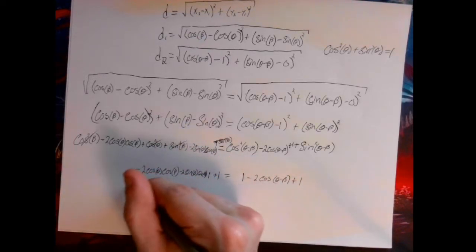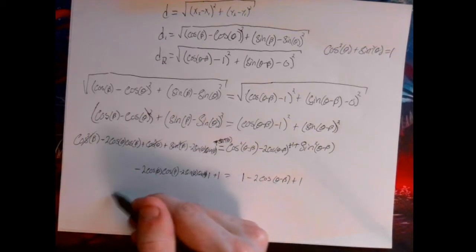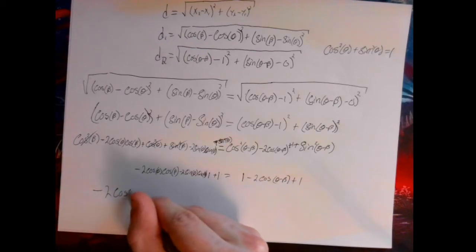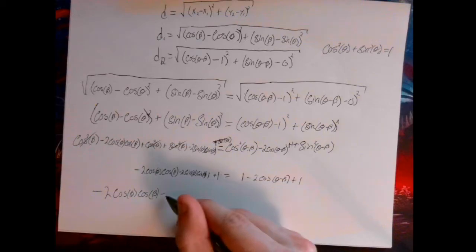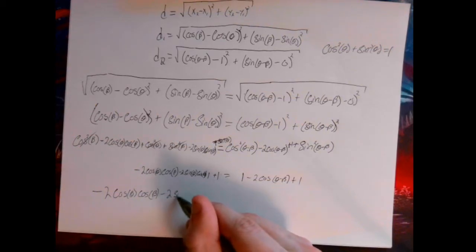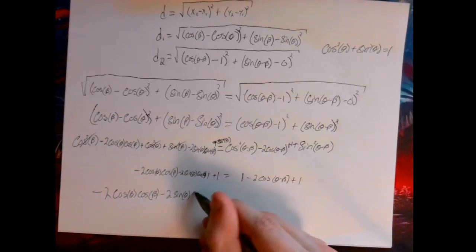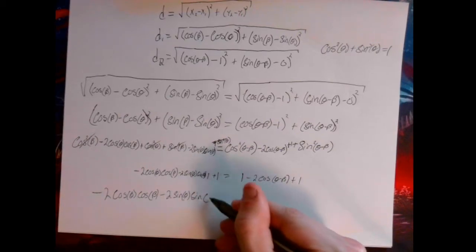So let's just simplify this, make it look a little neater because it's a little jumbled there. We'll say negative 2 cosine of theta cosine of beta minus 2 sine of theta sine of beta.